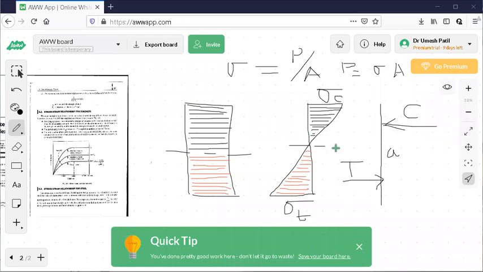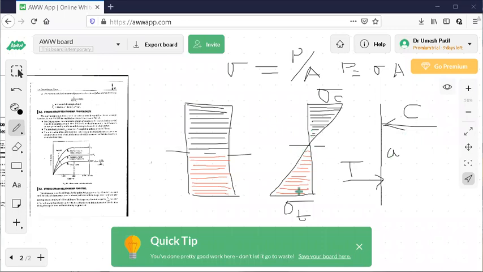The total is capital C. Let me repeat this. Observe here. I am going to calculate the P values of each of these layers, let us say P1, P2, P3, P4. I will add them. When I get the total of P1, P2, P3, the total value is capital C.